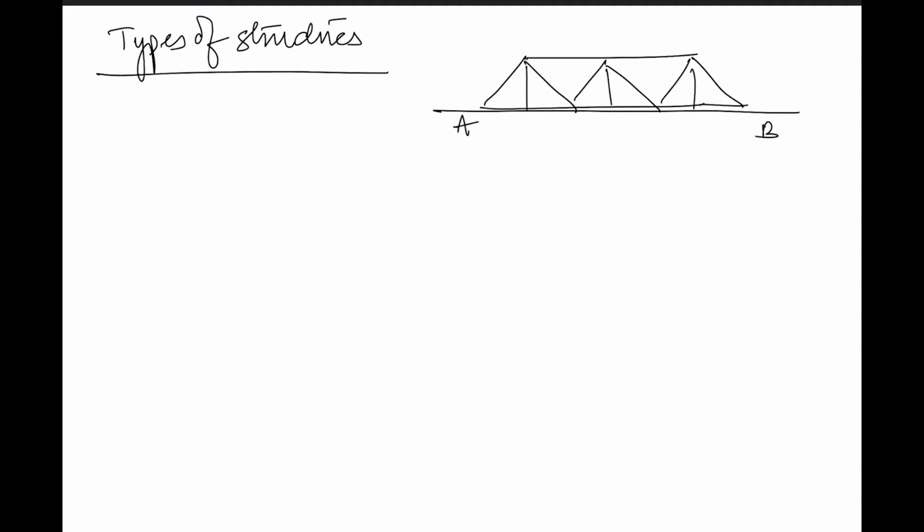Next, moving on to the types of structures. So what are the different types of structures? Imagine you're crossing a bridge. So this is the bridge and you want to cross from point A to point B, and this is how the bridge is. These are the abutments. So this is a bridge. This is actually a truss, which is a type of structure.